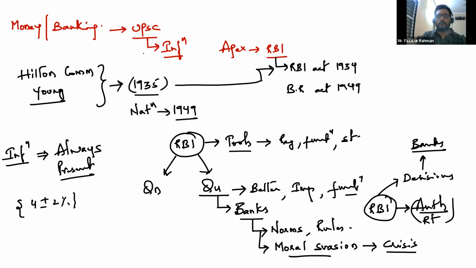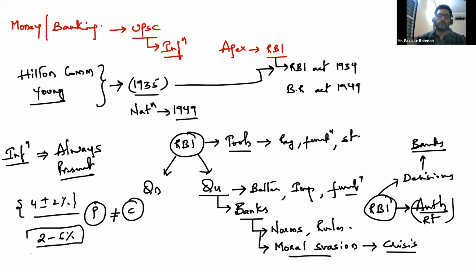And why do you have to maintain inflation in the market? Because inflation is important so that the producers can actually get good returns. Farmers can get good returns. And inflation has to be affordable because it should be a win-win relation between a producer and a consumer. Now 4 plus or minus 2 means it should be between 2 to 6 percent.